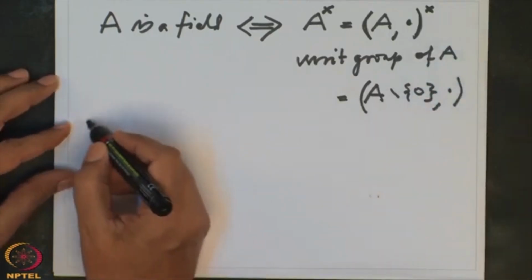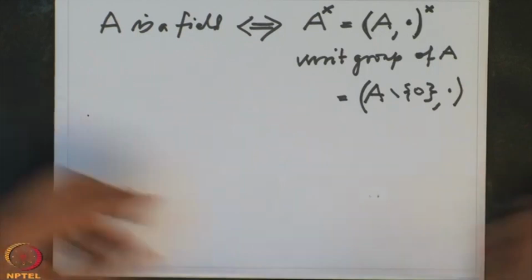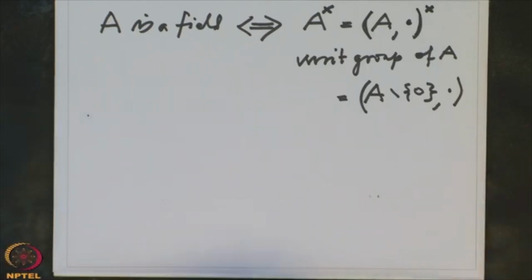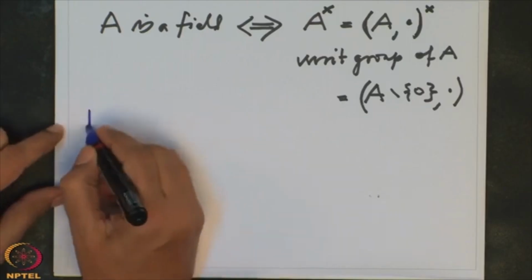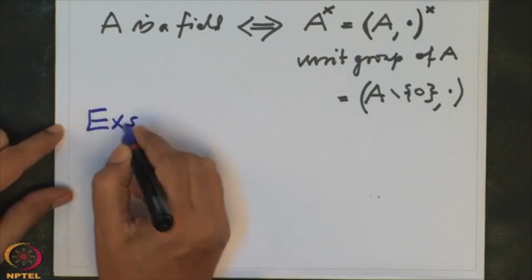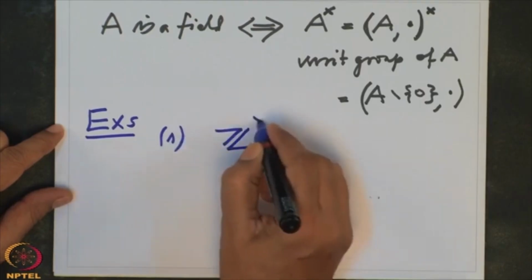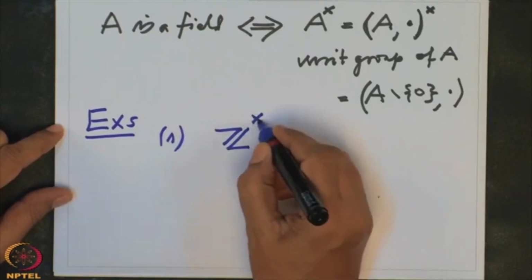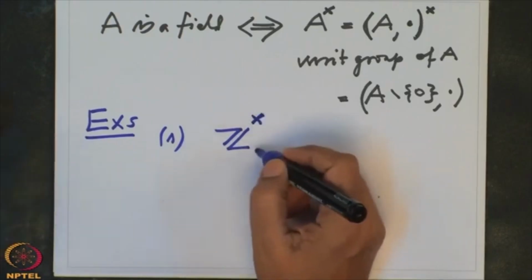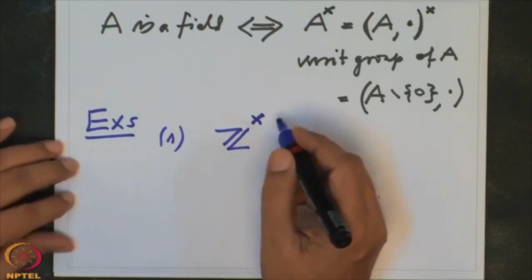Let us see some examples. If you take the ring of integers and take the unit group, I don't have to write in the notation that I am talking about a unit group with respect to multiplication, because with respect to addition everybody is invertible, so the question doesn't arise.